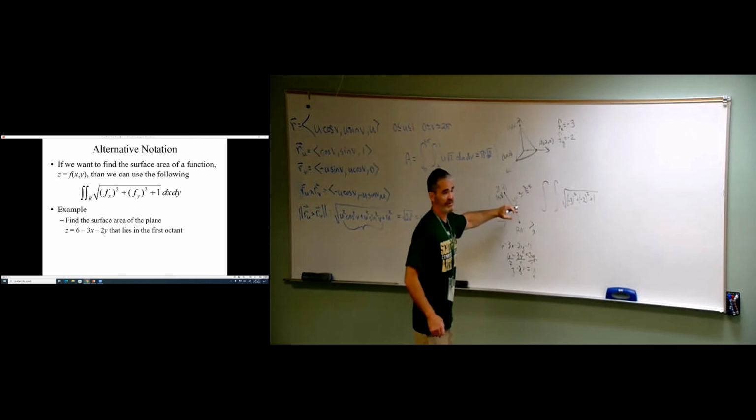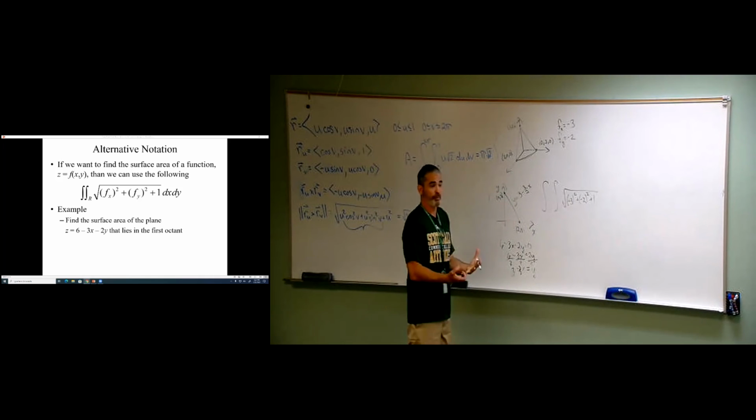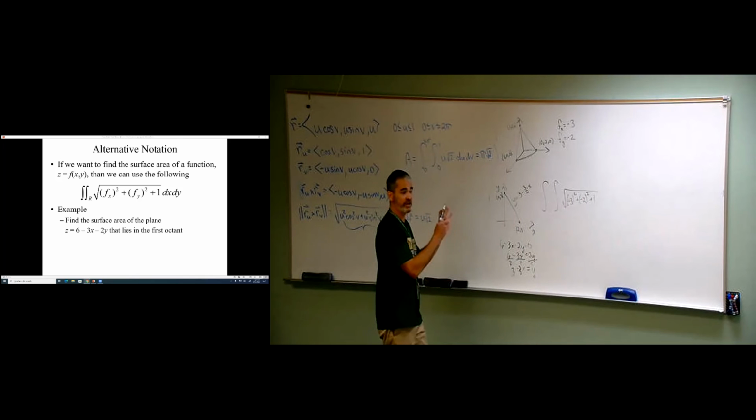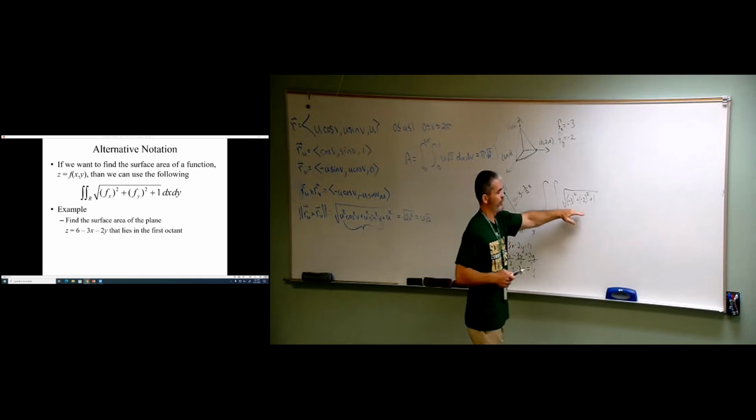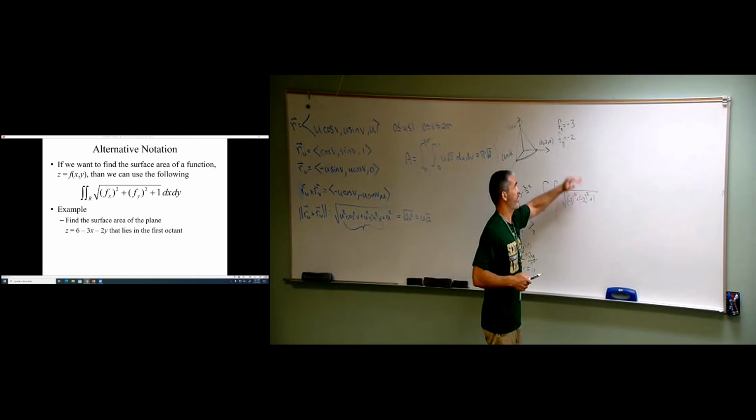So the way I have it set up, I'm going to do vertical first, right? Because I've got it in terms of y. If you find the inverse, you can do horizontal first. This triangle, we can do either direction first, because the region for these things is the same as doing the region for double integrals. The same basic idea. It's just that now we have something we're integrating over, and that comes from the partials.